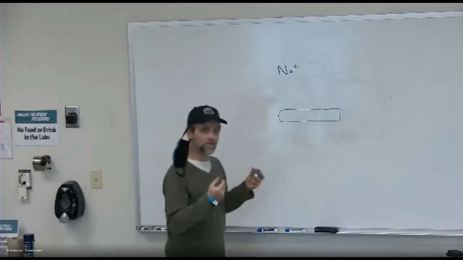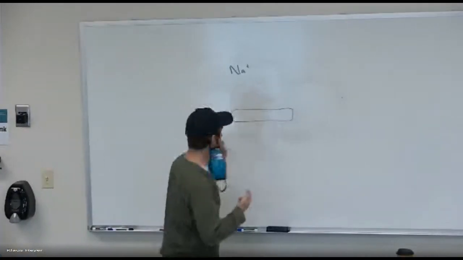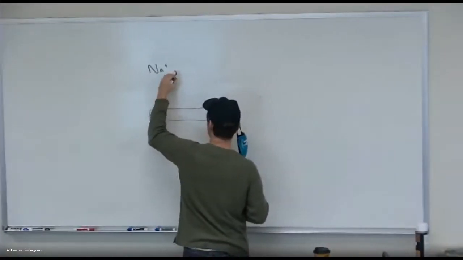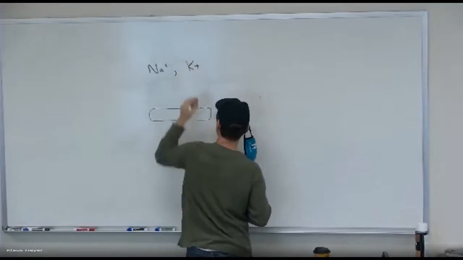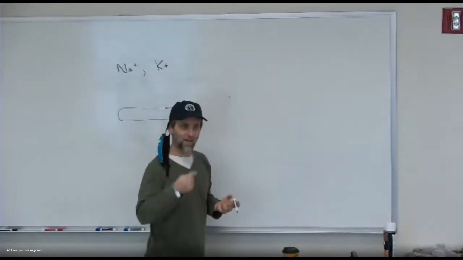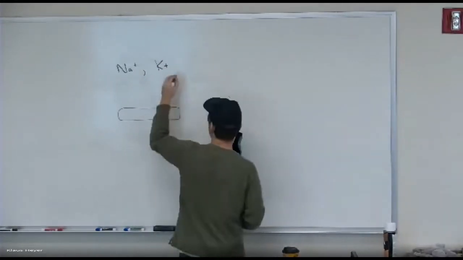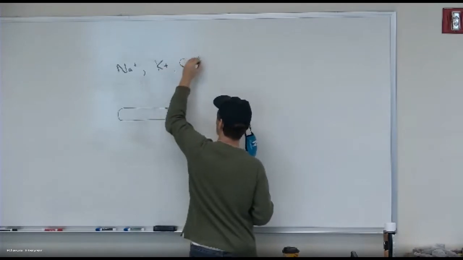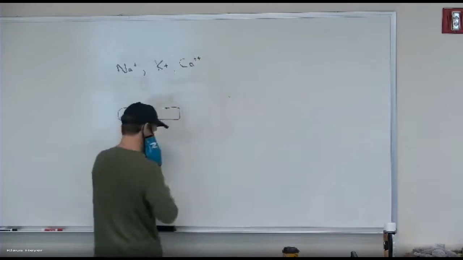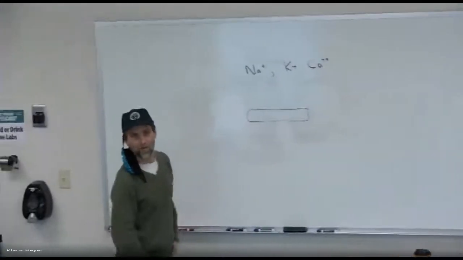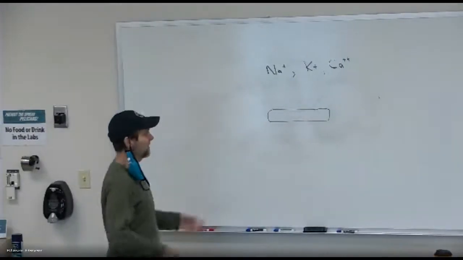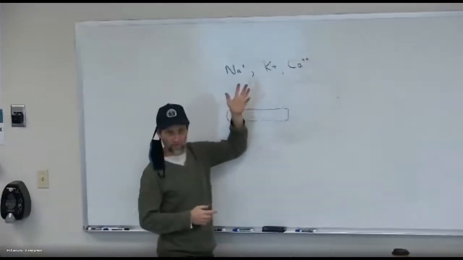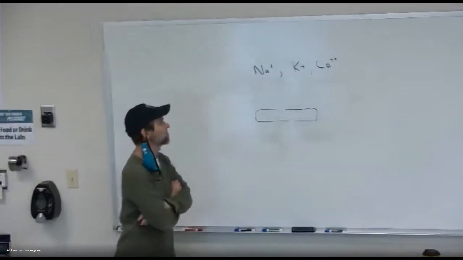Although there are many, there are three in particular that I'd like to discuss: sodium, potassium, which you always think of as being positively charged, and calcium, which I'm marking with two little pluses. These have lost electrons, and that's what makes them positively charged.